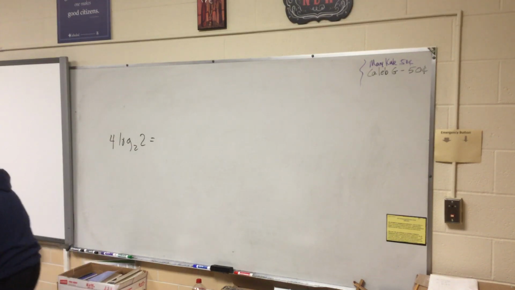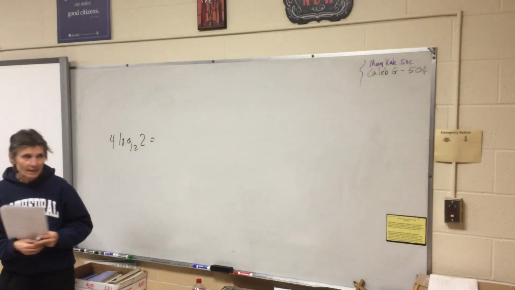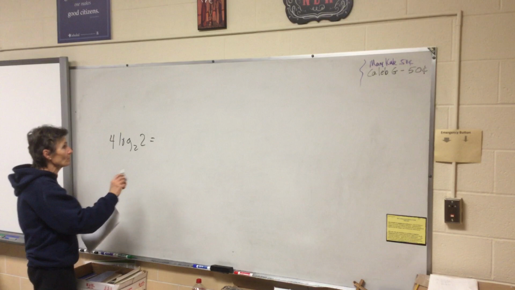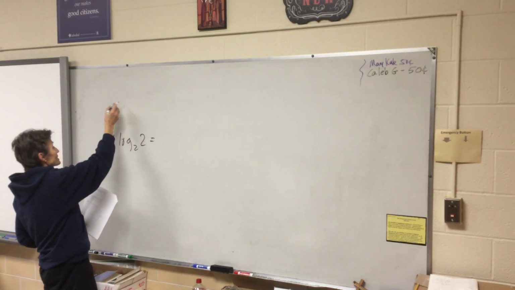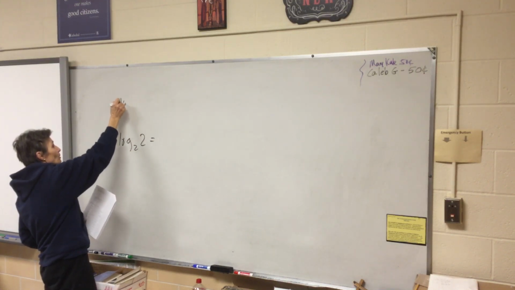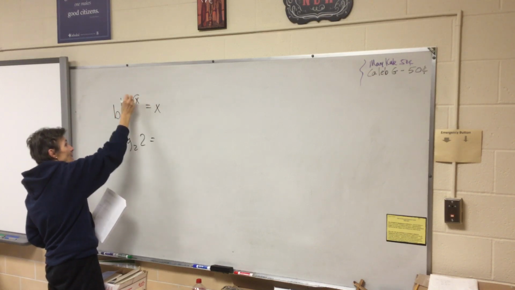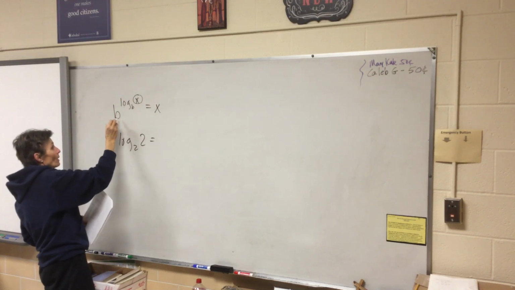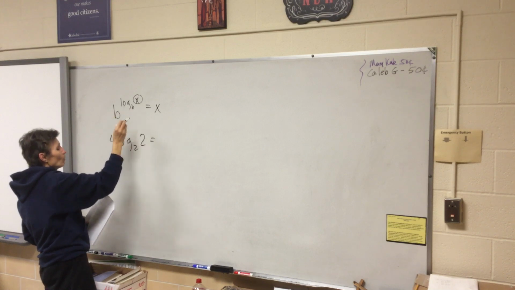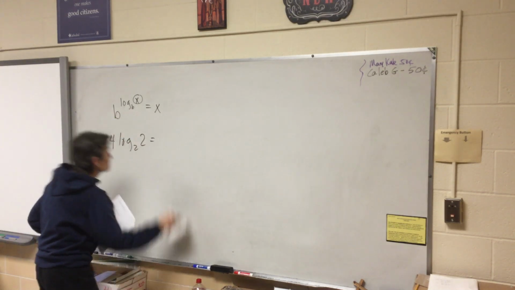Now, just to refresh your memories, because it's been a few days, we have a property of logarithms that says if you have a number raised to the log base that same number, the answer is just the exponent. When these two, oh, wait a minute, that's not the property.